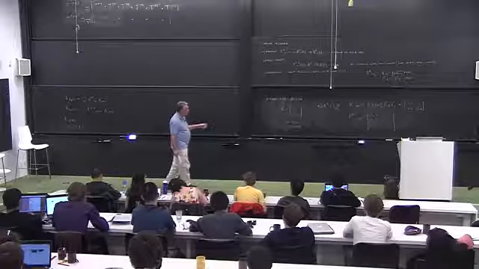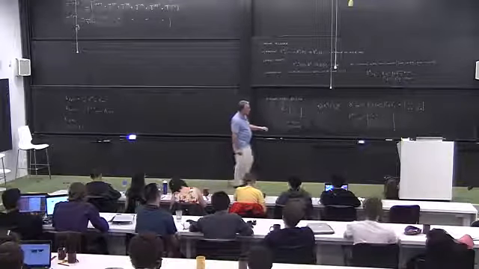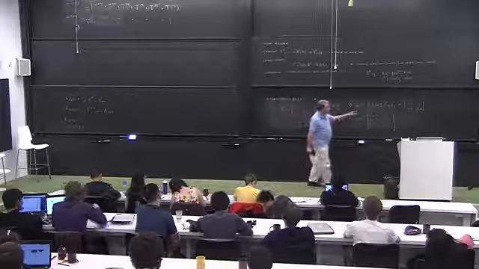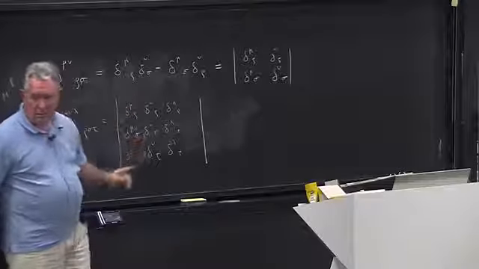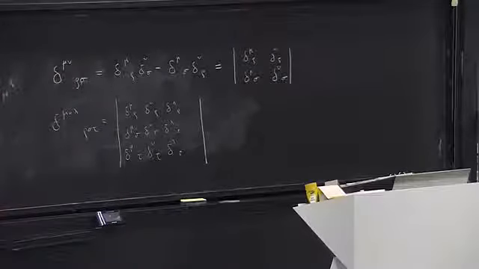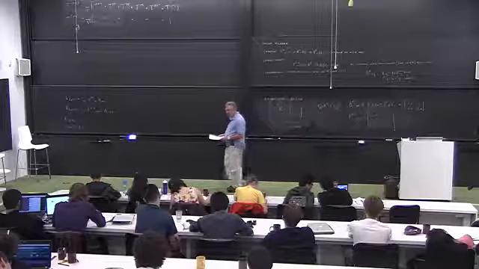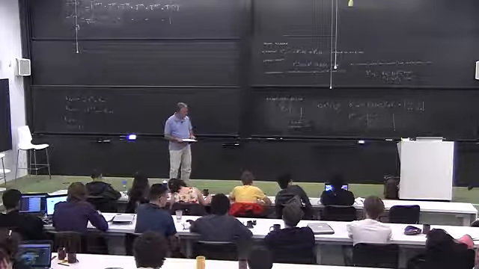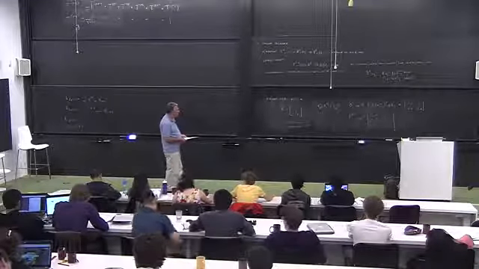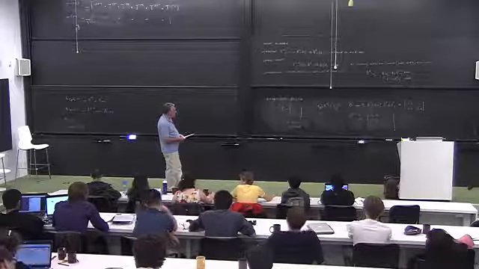The Kronecker delta is not. It's this combination with a minus sign that makes it antisymmetric. It's the product of 2 Kroneckers with a minus sign in between. So it's the minus sign that is the mismatch.